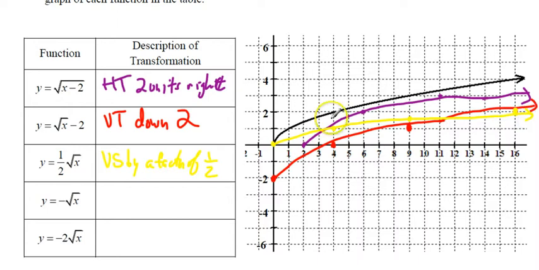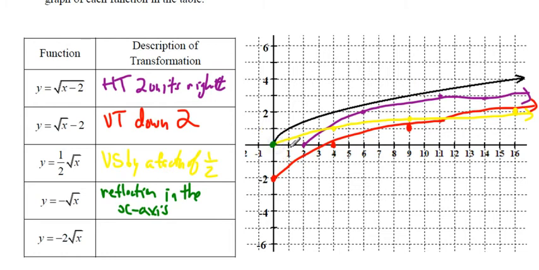Oh, best one yet. y is equal to the negative root of x. This is a reflection in the x-axis. It says take all your y values and turn them negative.